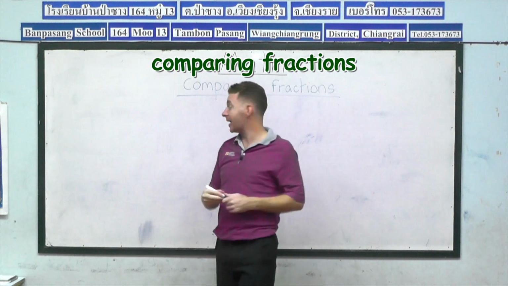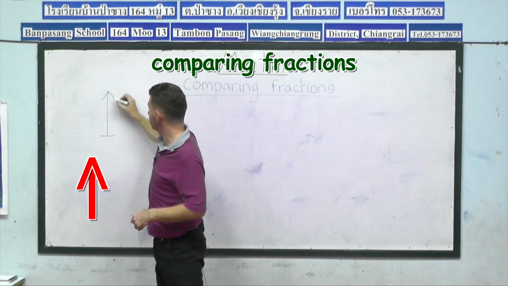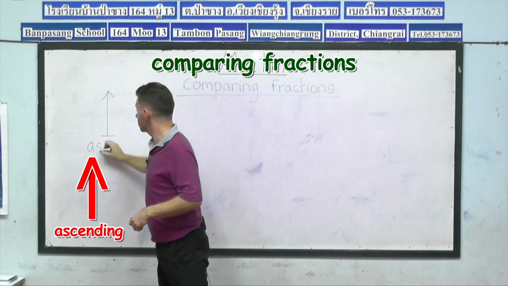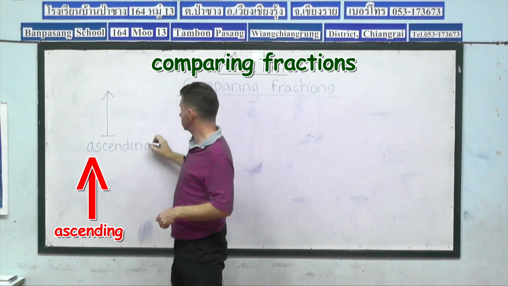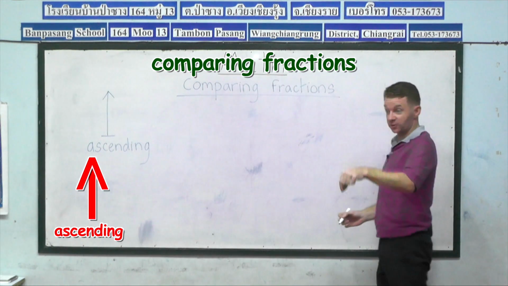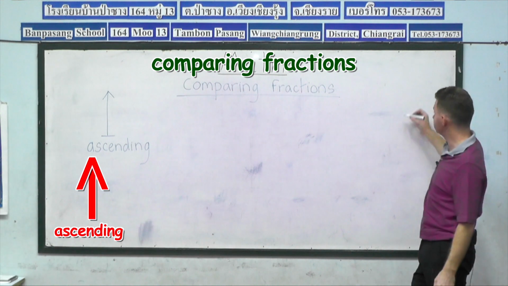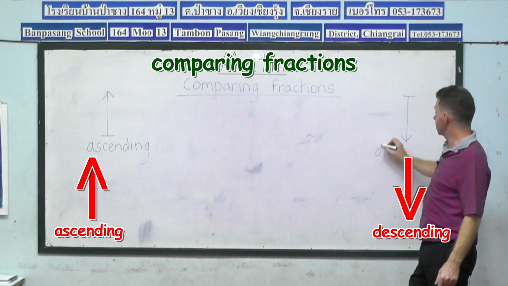Ascending order. Excellent, well done, guys. When we sort them into ascending order, that means going up. But then, the opposite direction, when we want to sort them going down, descending. Well done, guys. Well remembered.